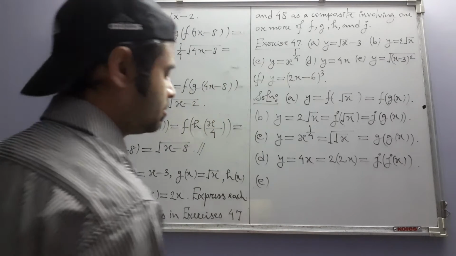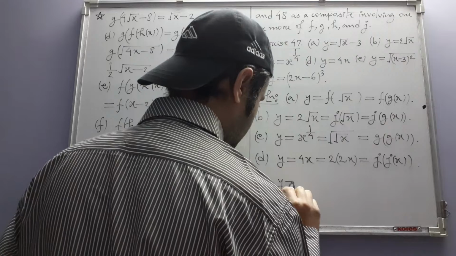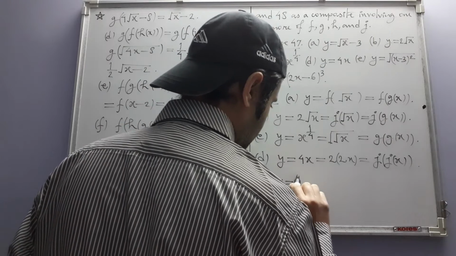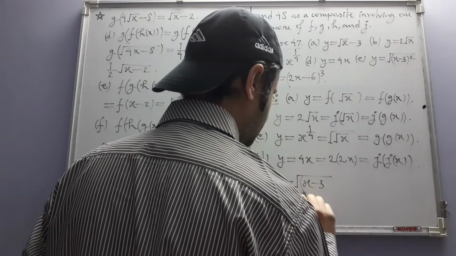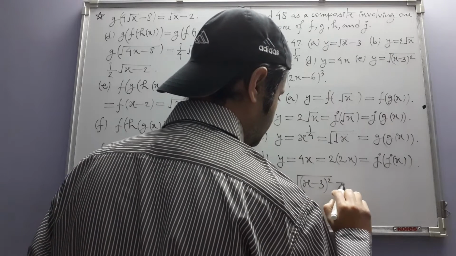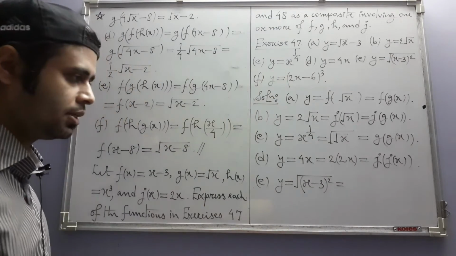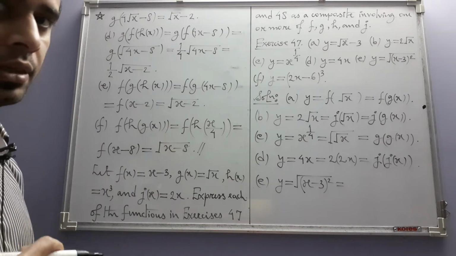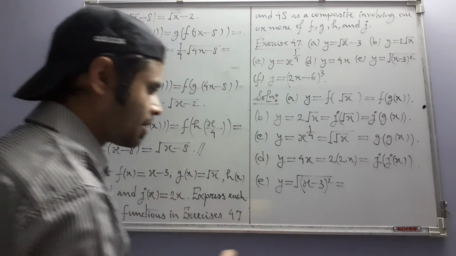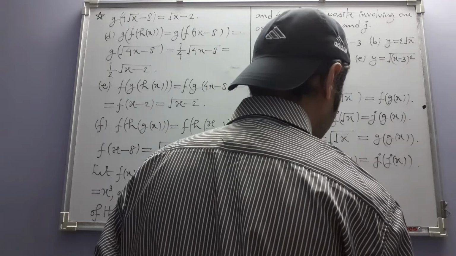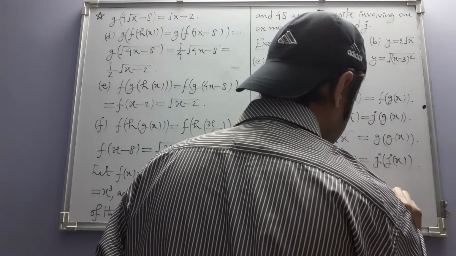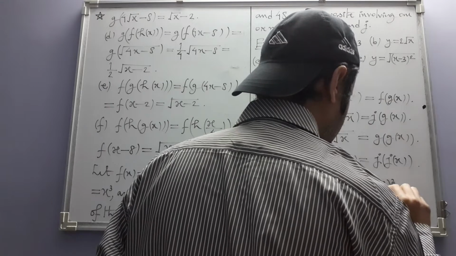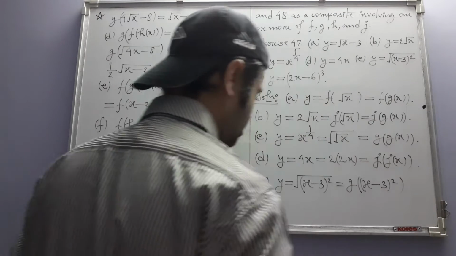Then e, square root of x minus 3 whole square. Outside we have, the outermost thing is square root, so outside we will have g of x minus 3 whole square.